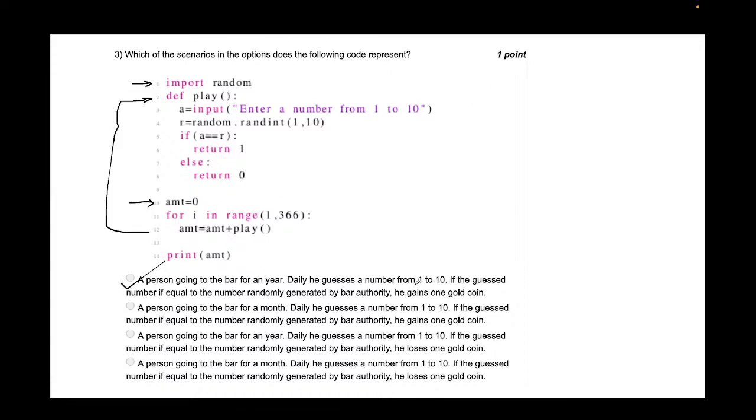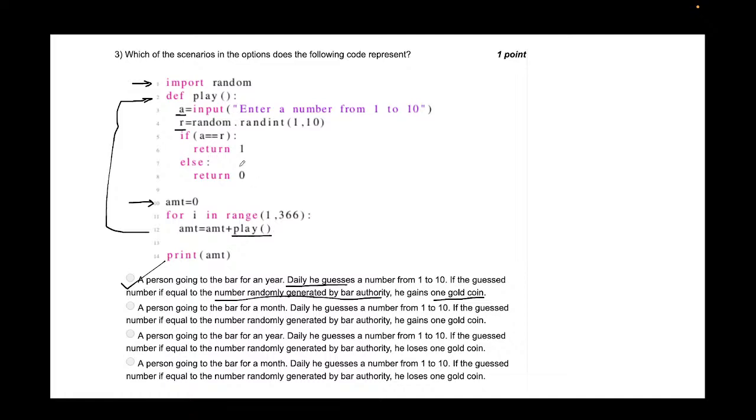So why is this right? It's because the daily guess is A, and the number randomly generated by the bar authority is R. If his guess is right, then he gains 1 gold coin. So that gain is quantified here.